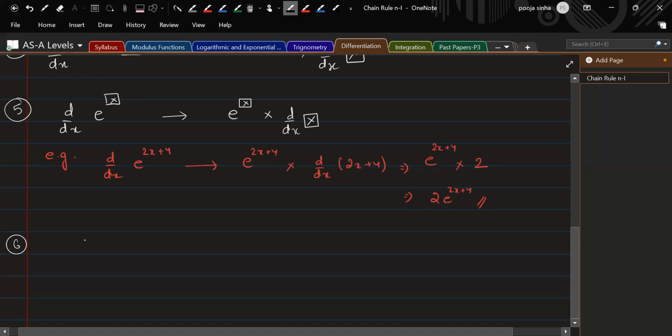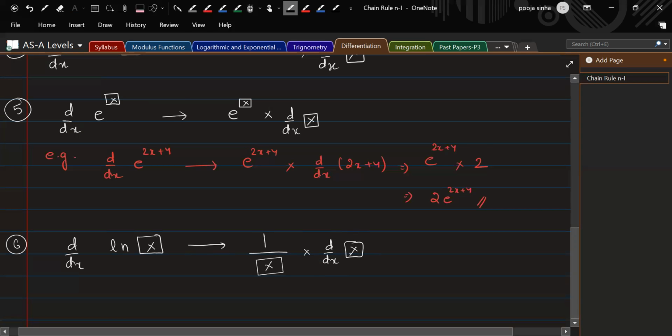That's for ln. We are doing ln, it's in our syllabus, right? d by dx of ln of something inside the bracket x will give us 1 upon this x multiplied by d by dx of whatever is inside that box. We are just using the chain rule every time.